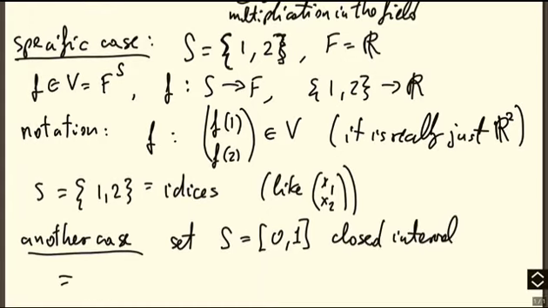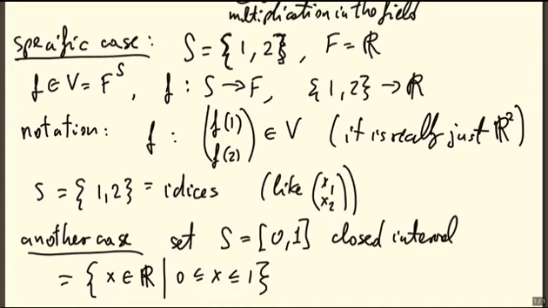Another way to write this, we will use set theoretical notation a lot here, is the set of all x's that are real numbers, such that, the vertical line denotes the 'such that' notation, x is between 0 and 1 with equality allowed at 0 and at 1. So this is the set S.